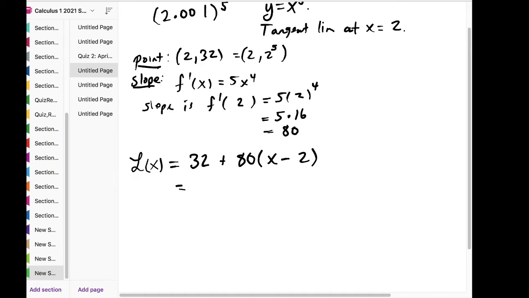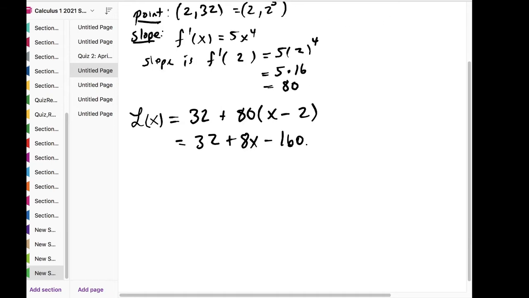So 32 plus 80 times x minus 160. Oh, it's an 80x, not 8x. So we have 80x, and then what's that? 128x.